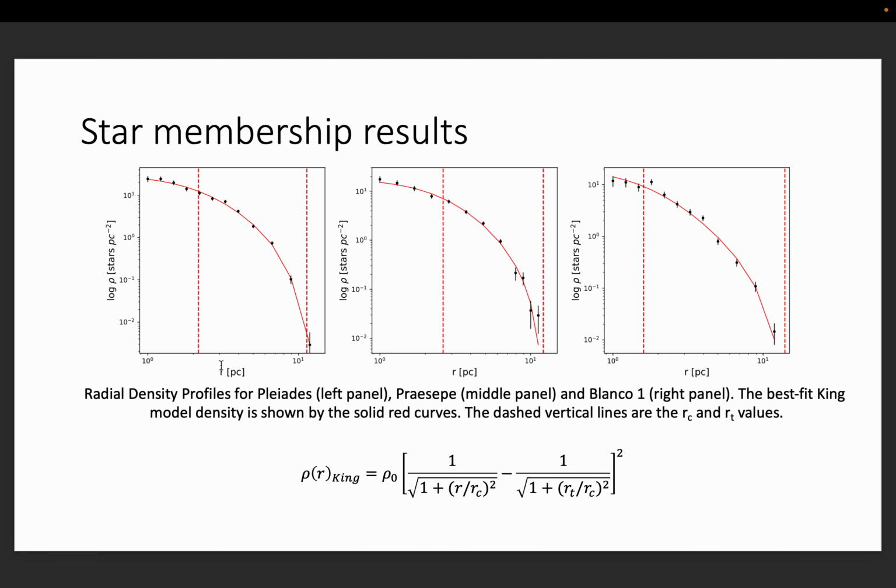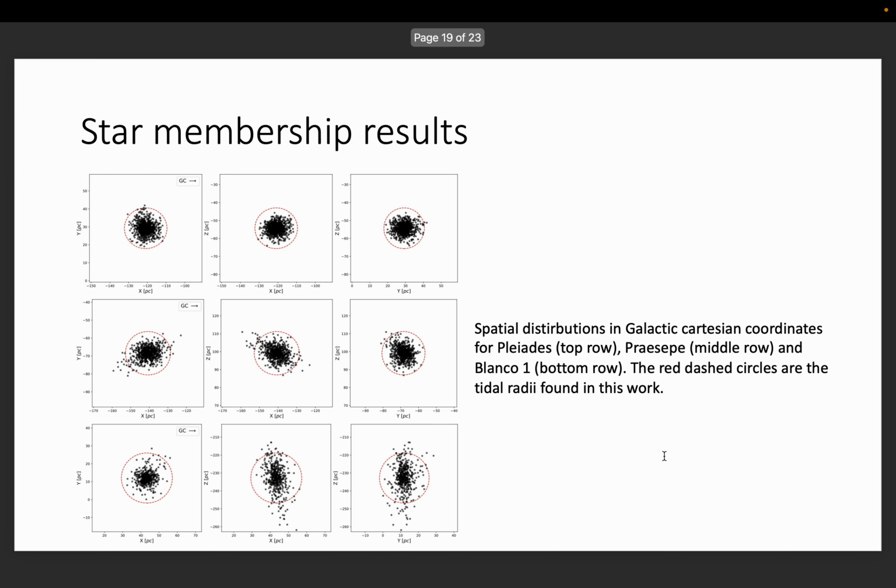Here we have the radial density profiles using the best-fit King model, and the dashed vertical lines represent the core radius and the tidal radius.